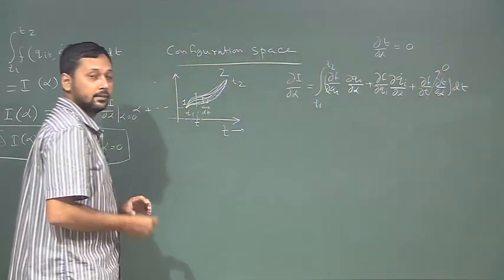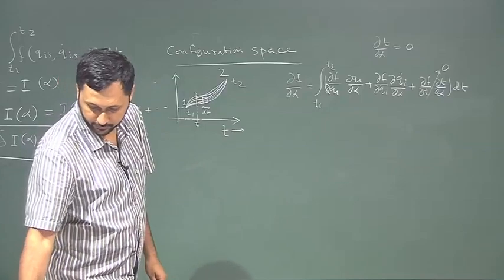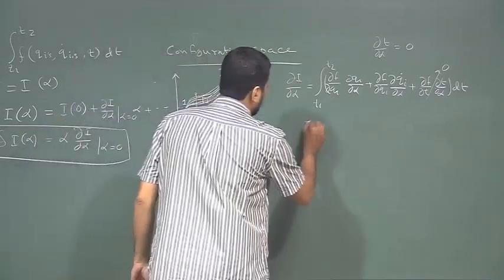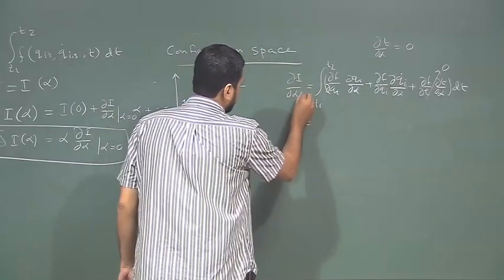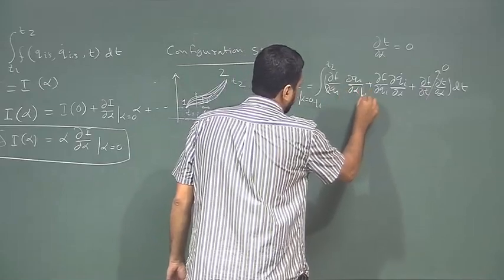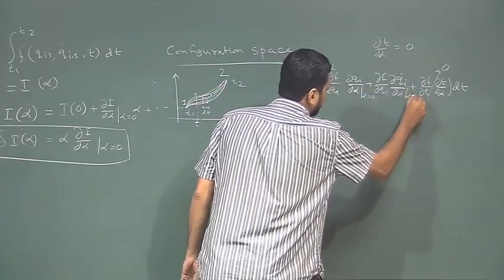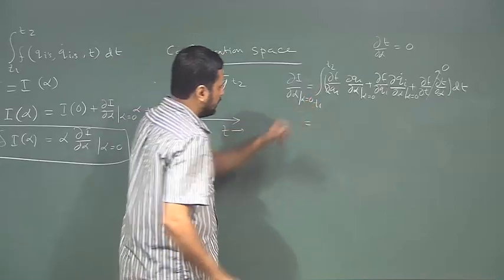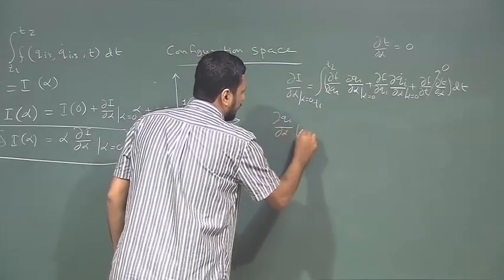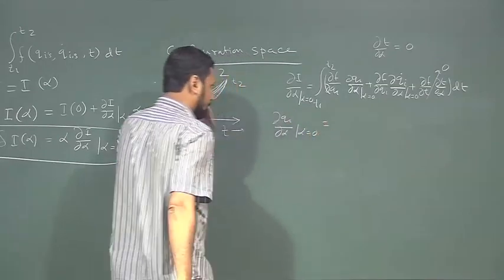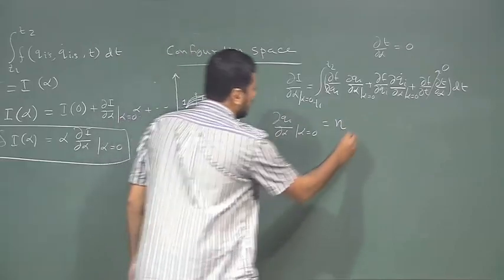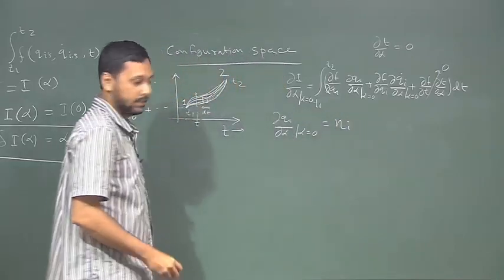Two terms remain, and all these derivatives are evaluated at alpha equal to 0, right. Now, if you recall, dq_i d alpha at alpha equal to 0 is nothing but your eta_i, right.